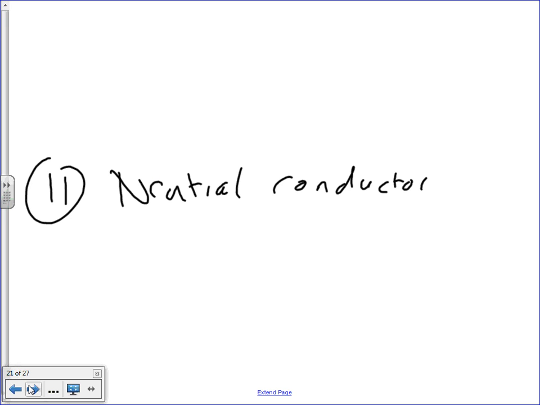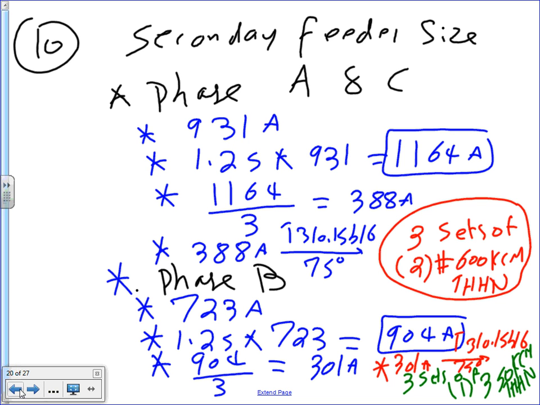I should have gone to the next one, I have room here. Okay. Any questions, guys? Everybody can read that one. So 3 sets of 1 conductor, 350 kcmil, THHN.